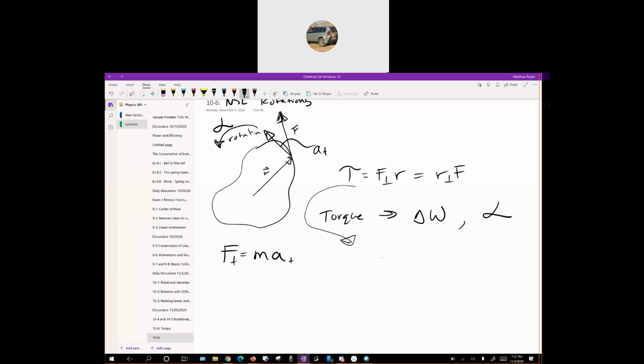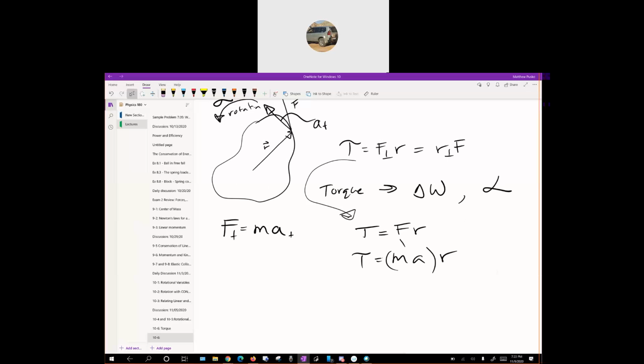And let's rearrange: the torque is equal to force times r. We can say that the force is mass times acceleration, right? So that gives me this new definition for torque.